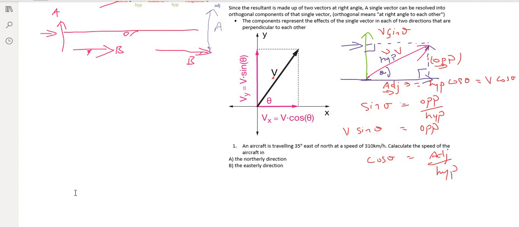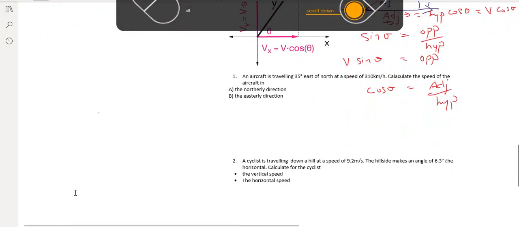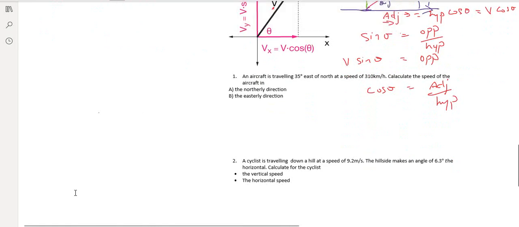Now let's just look at an example. We've got one example, and the other one is for you to do for homework. So the question says an aircraft is traveling 35 degrees east of north at a speed of 310 kilometers per hour.